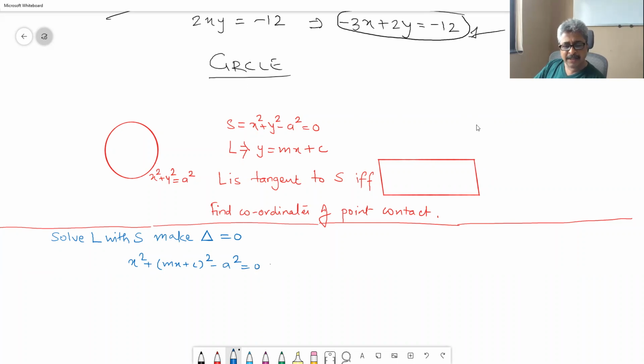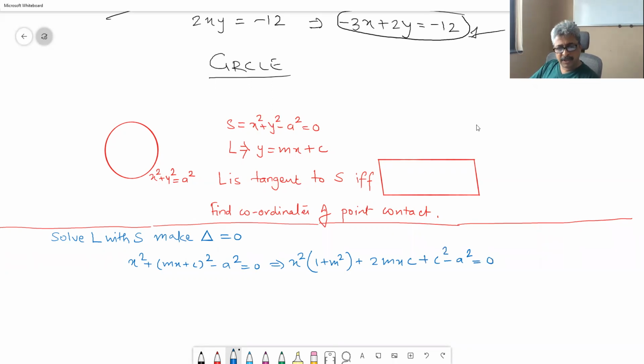This is quadratic in x, and if we want coincident roots, that line should be tangent, then delta should be 0. So let me first write down the quadratic in x: (1 plus m square) x square plus 2mcx plus c square minus a square is equal to 0. This is quadratic in x.